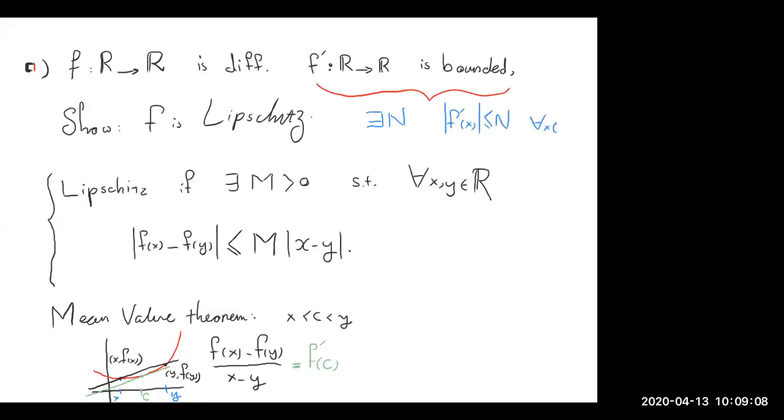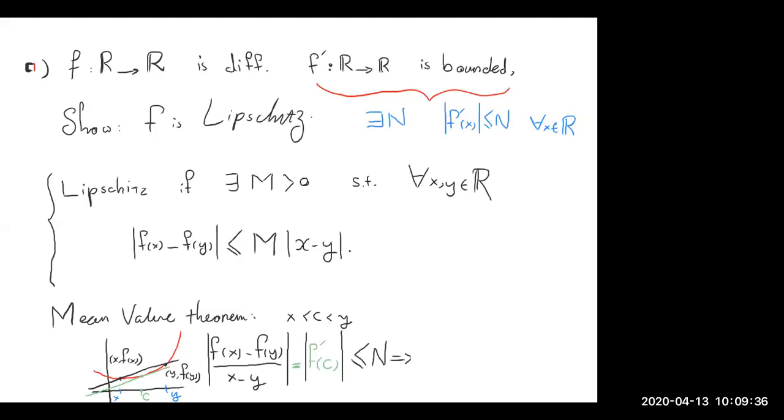In all points, the derivative of the function is less than or equal to this number n. So also here, if we take the absolute value of both sides of this equality, f prime of c, well, c is just a point, so the absolute value of f prime of c is also less than or equal to n.